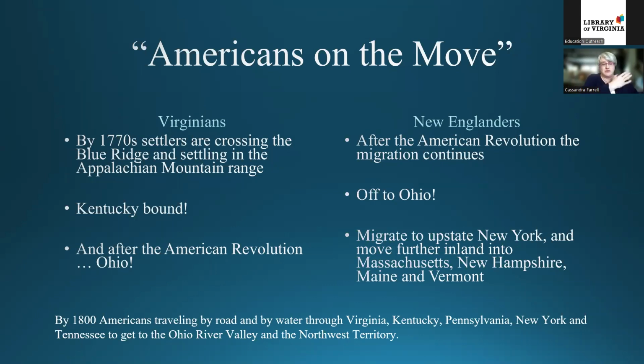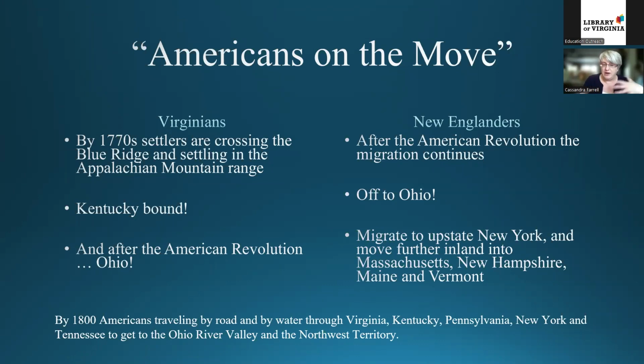And then after the American Revolution, a number of Virginians moved to Ohio. And it's the same thing for New Englanders. You see New Englanders migrate after the American Revolution. Many moved to Ohio, and then others migrate to upstate New York, further inland into Massachusetts, New Hampshire, Maine, Vermont.